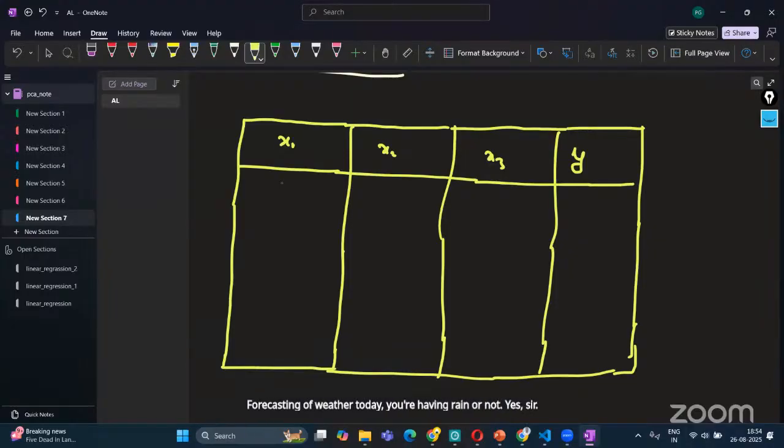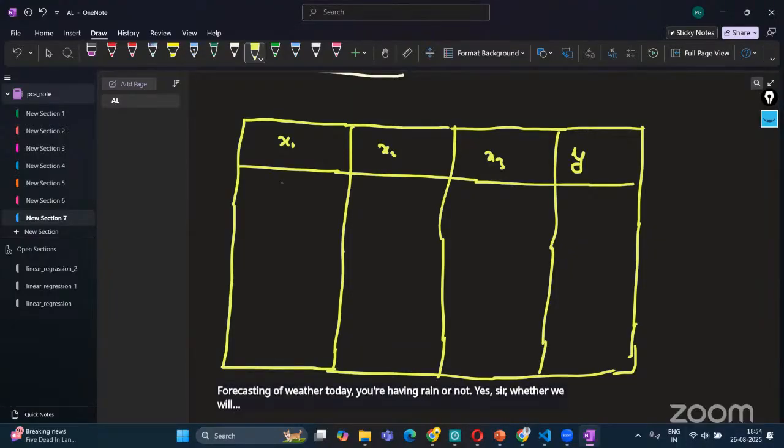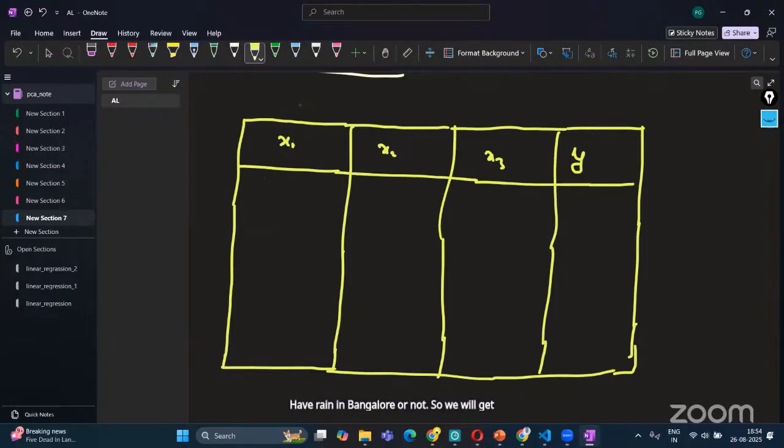Whether we will have rain in Bangalore or not. So we will get certain criteria to consider, like what is the humidity, what is the temperature, what is the wind speed. Here we can write humidity. This can be considered as humidity. There we can consider temperature, wind speed.